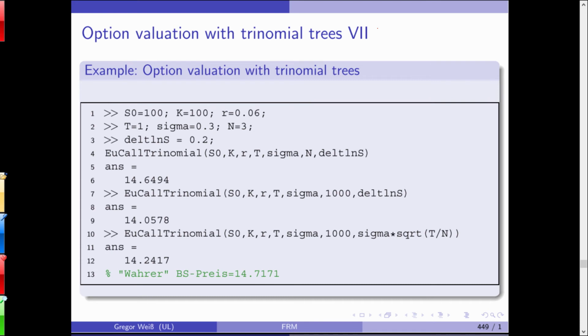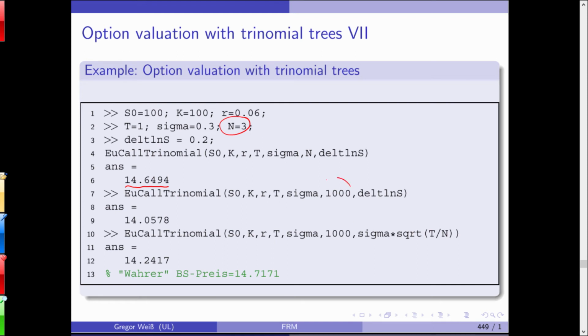If you now take this to MATLAB, and you have this example, strike price is 100, current stock price 100, risk-free rate is 6%, T is 1 year, sigma is 30%, 3 steps, and delta ln S is 0.2. You can see that if we start with just 3 steps, we get a price of 14.6494.